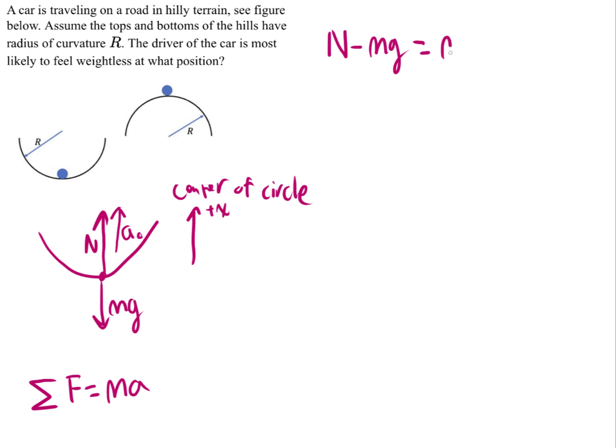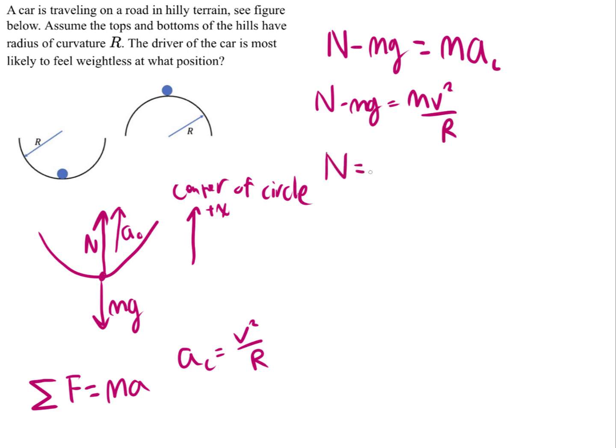And that must be equal to the mass times the centripetal acceleration towards the center of the circle. If you remember, the centripetal acceleration is given by v squared over r. So we can substitute that in. Normal force minus the force of gravity is equal to the mass times v squared over r.